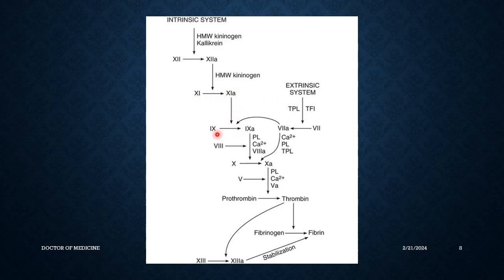Factor 11 will activate factor 9. Okay, so in the activation of factor 9 in the intrinsic system, we have your factor 11A. Then factor 9 will proceed to activating factor 10, the Stewart-Prower factor. For factor 9, we need a cofactor, which is your activated factor 8.